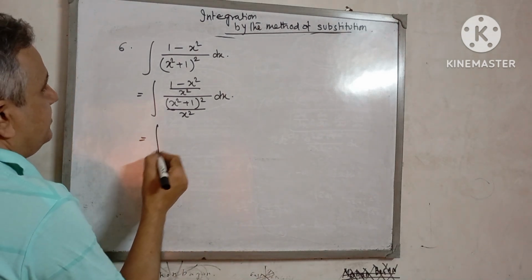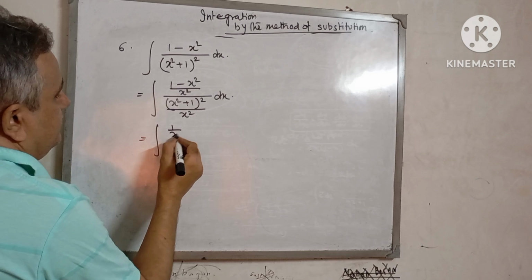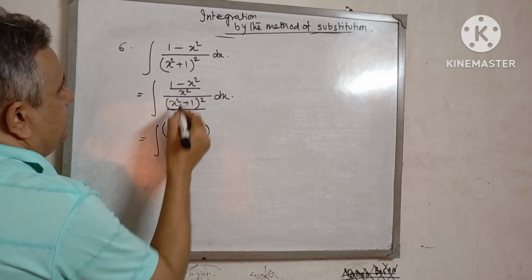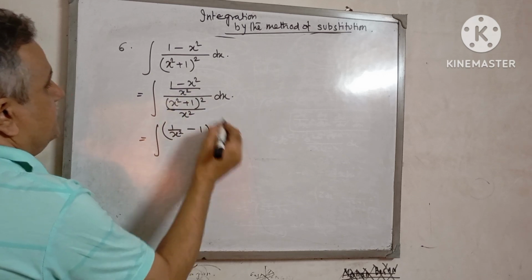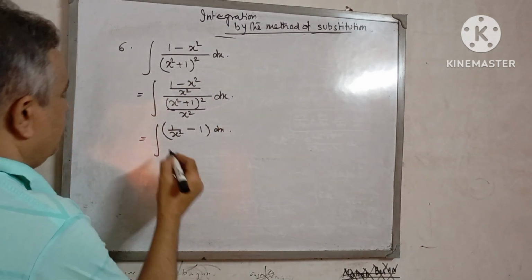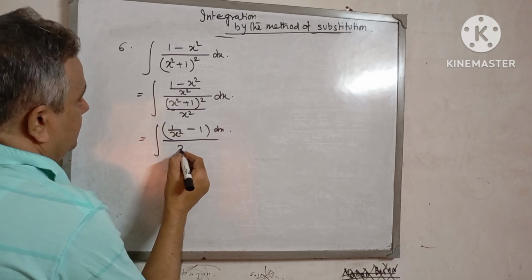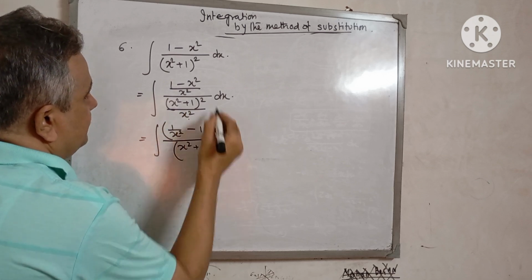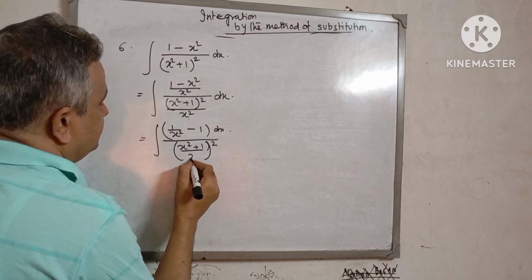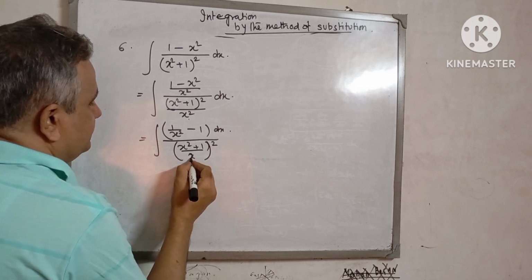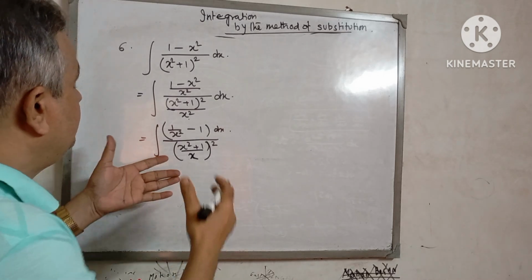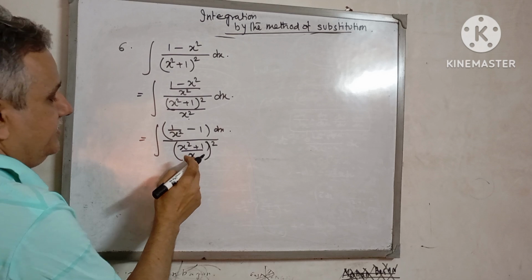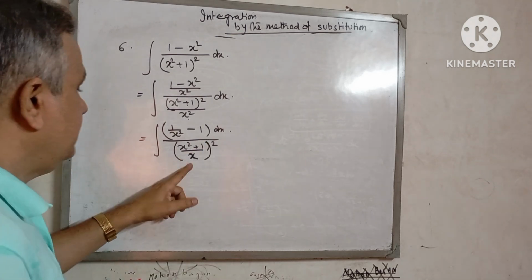So the numerator becomes 1 by x square minus x square by x square, which is 1: 1 by x square minus 1 dx. Now if we take x square inside the bracket in the denominator, it becomes x only, because x square is x to the power 2.